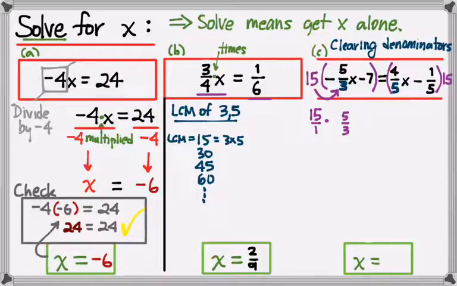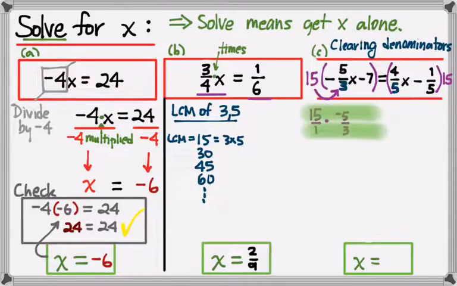When you deal with negativeness in a fraction, remember my recommendation is to always move it upstairs, put the negative sign in the numerator. Don't have negatives in the denominator to screw you up. So I'm just going to boost it up into the numerator. And then multiply across.